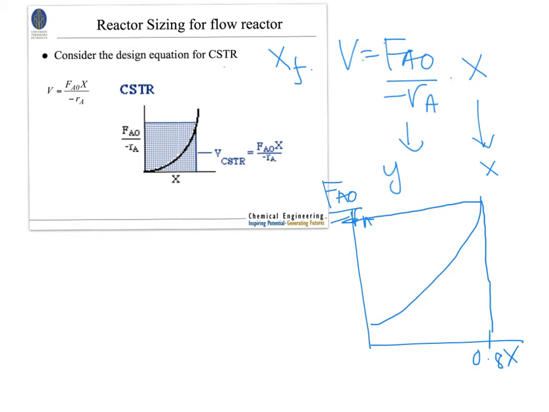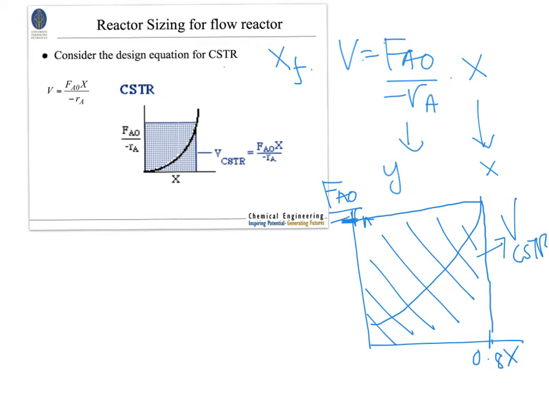So the volume of the CSTR will be this value on the y-axis times the value on the x-axis, 0.8. So this area will be the volume of the CSTR.